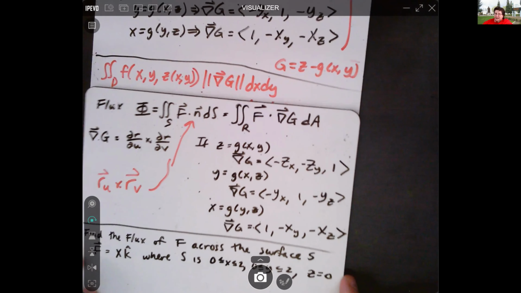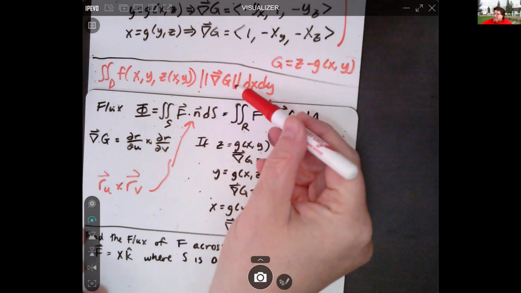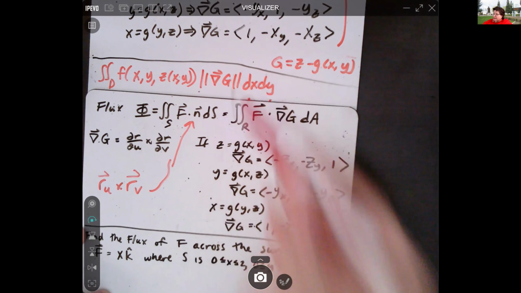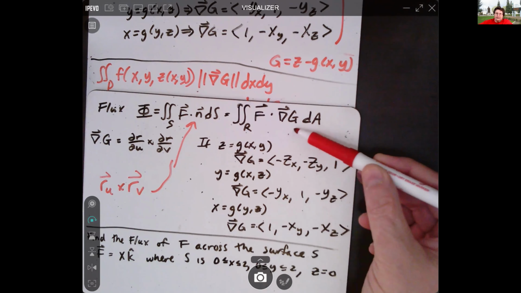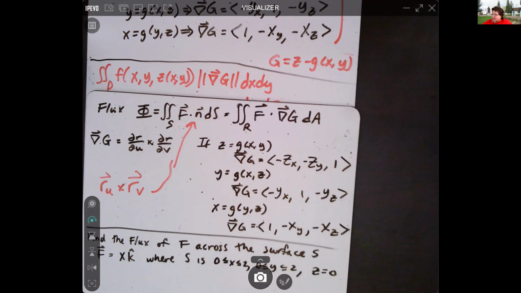When we look at the other form with the gradient of G, I've got F times the magnitude of the gradient of G. Here I've got F as a vector dotted with the gradient of G. So they look really similar.